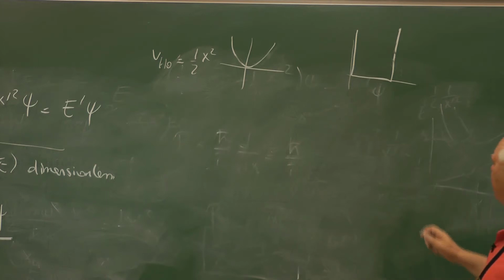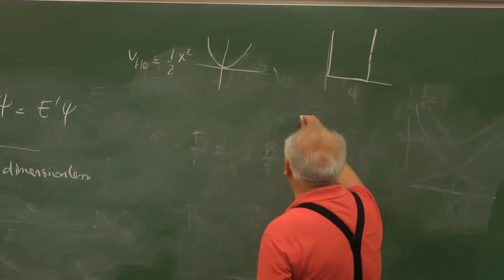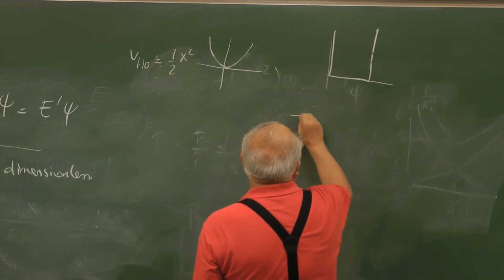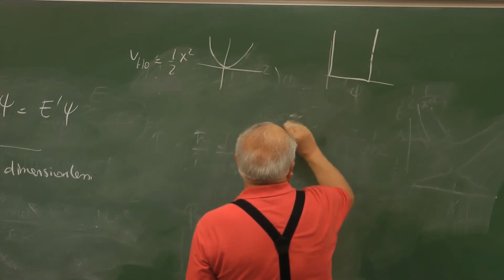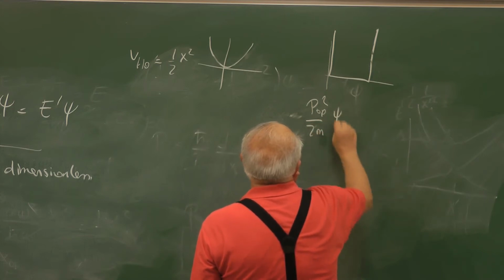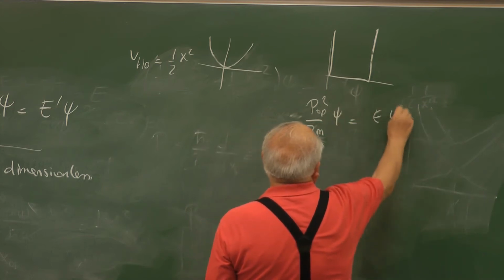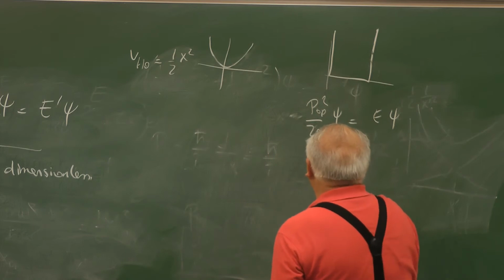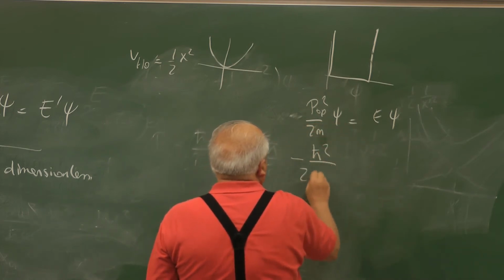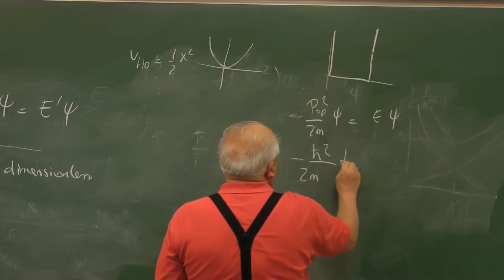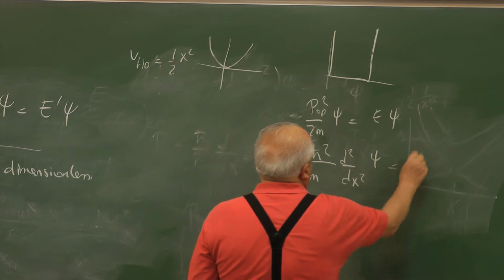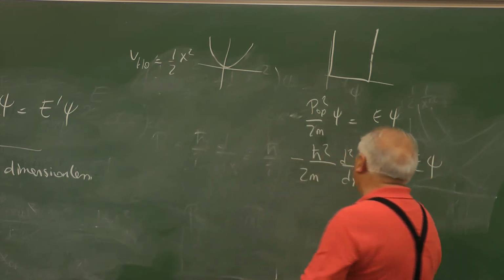Let us consider this problem for a moment. This problem is simply P operator squared over 2m psi is equal to E psi. And P operator squared is simply minus h bar squared over 2m d squared dx squared psi equals E psi.